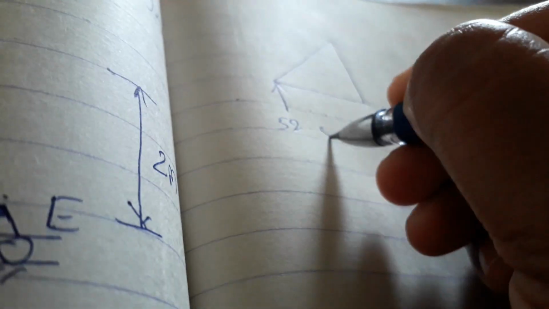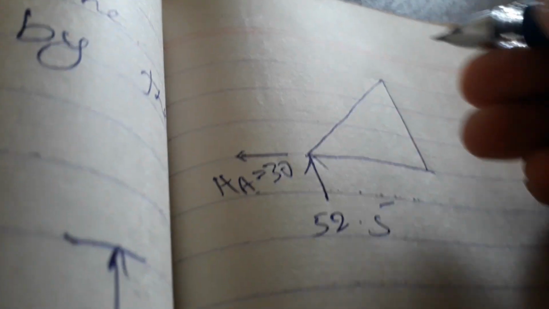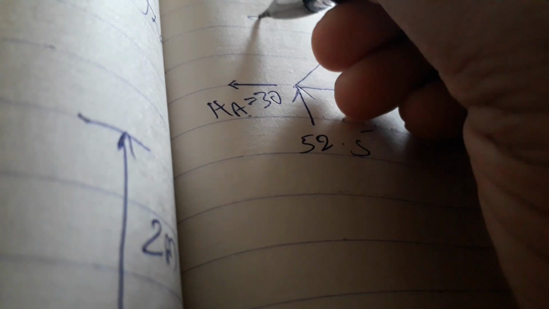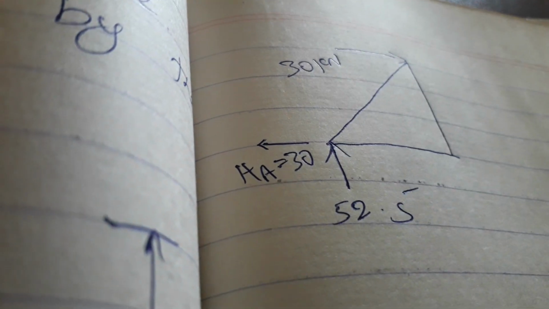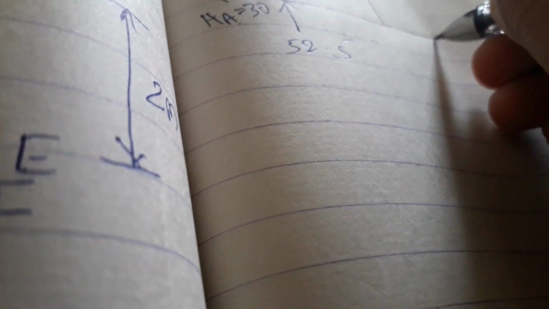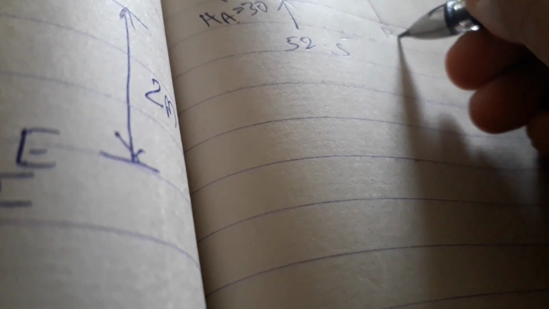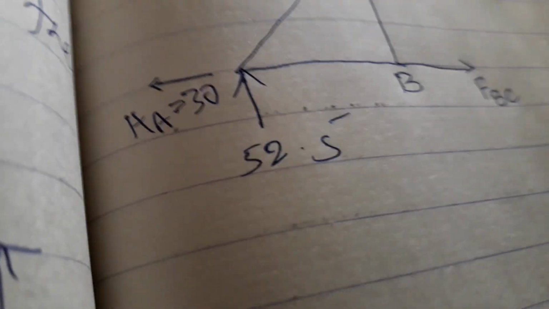So you will have this number, this will be there, and this is RA which is 52.5, and this is HA which is 30, and here you have 130 kilonewton which is given. After that this is divided, which is this is B, so this will be FBC, right?